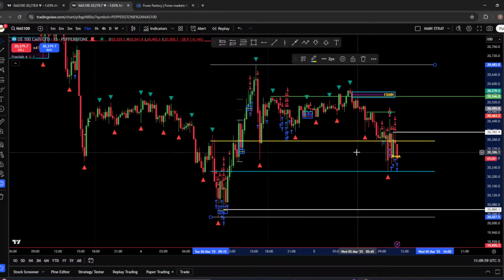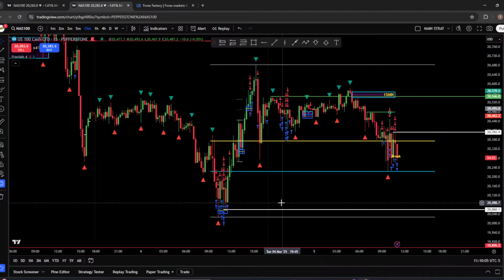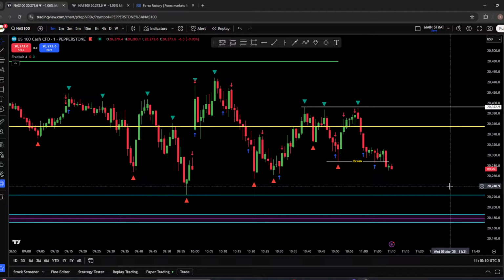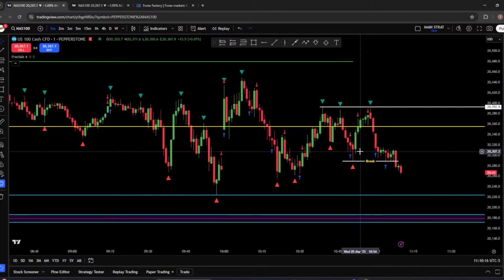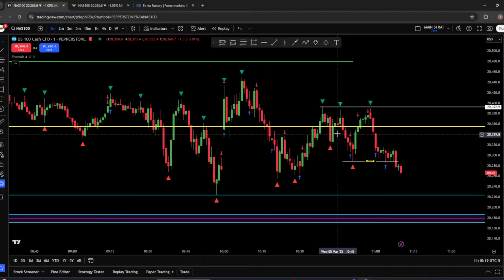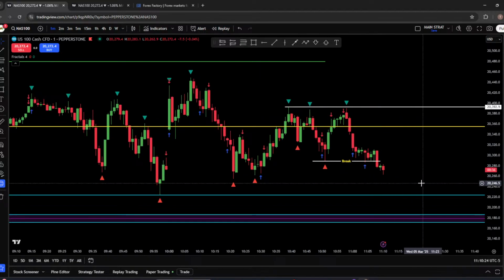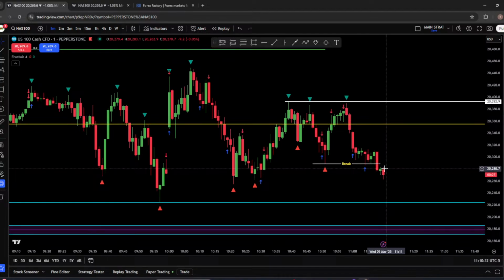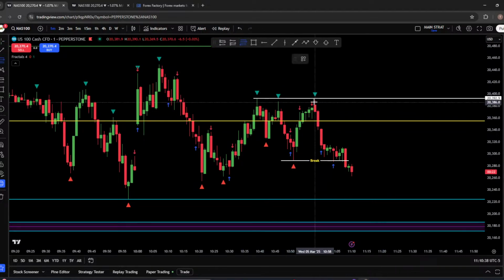We were trading at that equilibrium zone, which can make it difficult. All right, so we got a break and we'll wait for our swing low so we can draw our fib.